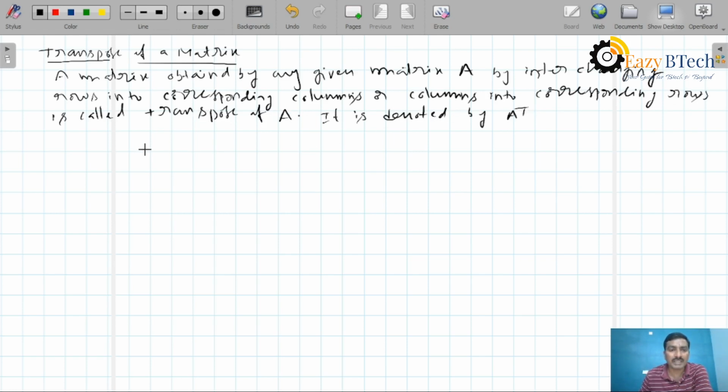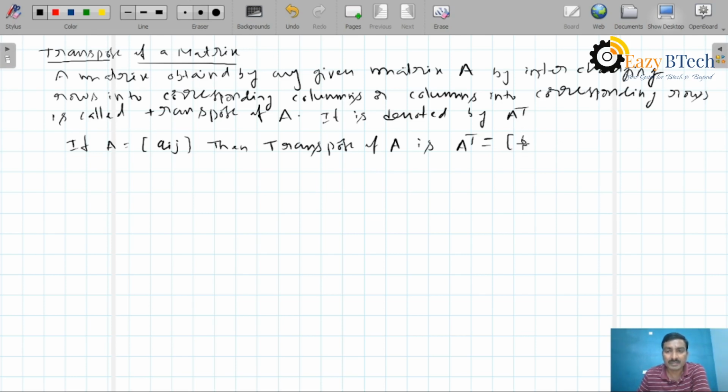So there is one more representation. What is that? Suppose, for example, capital A equals Aij, then the transpose of capital A is denoted by A transpose, which equals another matrix Bji, where Bji equals Aij.